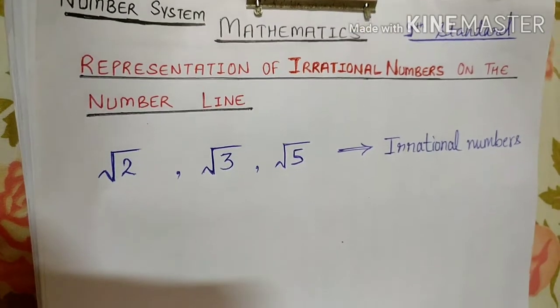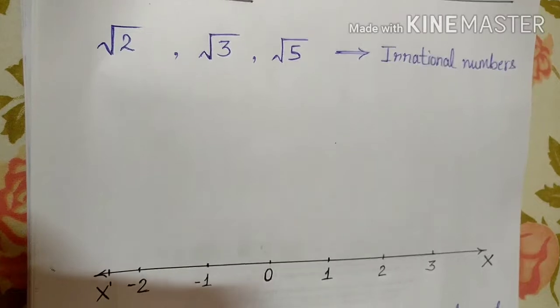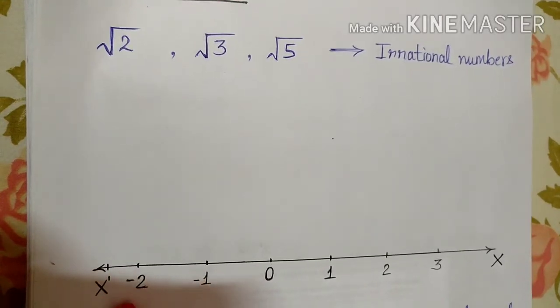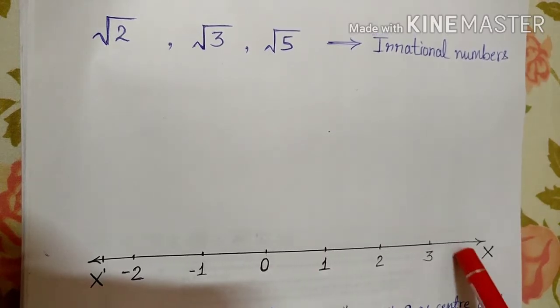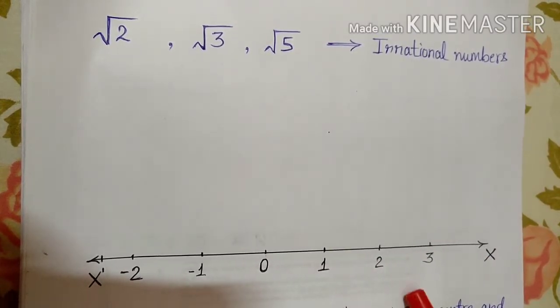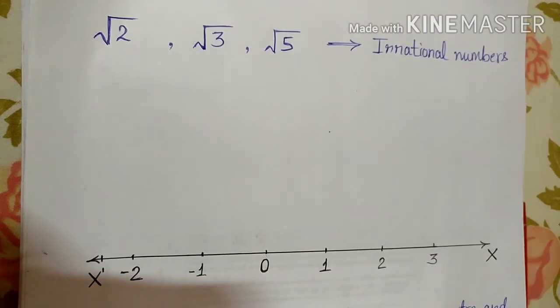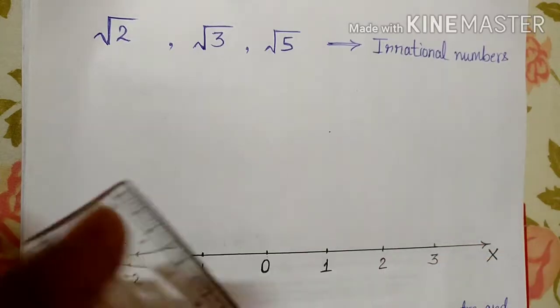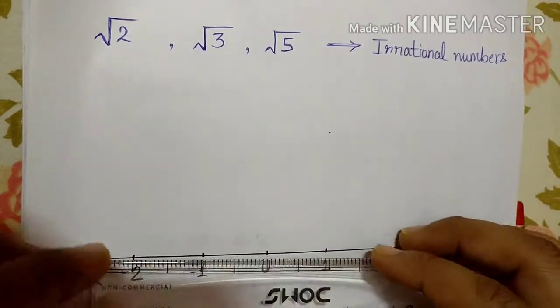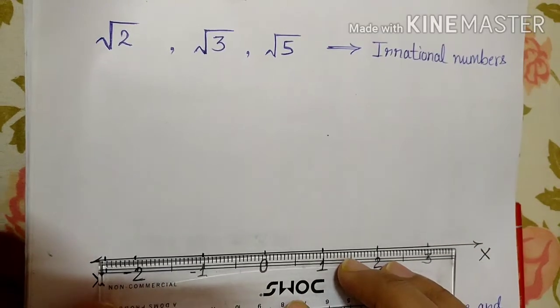So take first a number line. We have drawn a number line, as you can see here. This is X' to X, a number line showing numbers, integers. Now, how can we represent them? I have drawn the number line using inches. Here it is given in centimeters, but I have taken inches so that there is some gap between them.